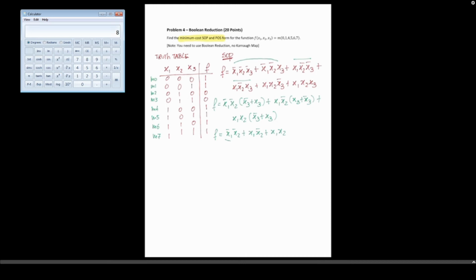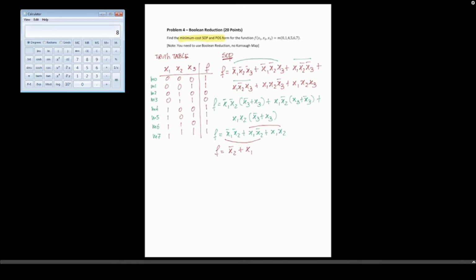So these two together. Actually, let me go back to red. Alright, this one, and f is equal to x2 negated, and I can put also these two together with x1 as a common term, so this one, and this is my SOP, the simplest version of my SOP.